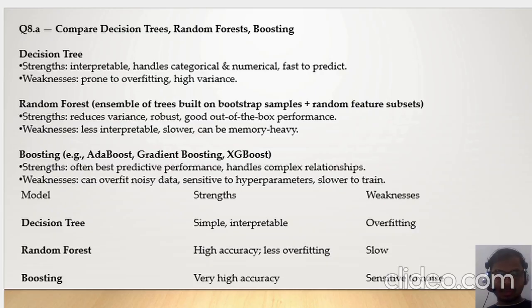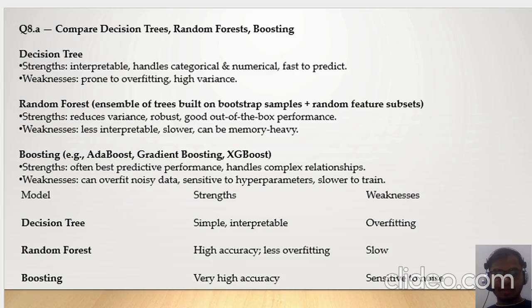Now question 8: decision tree, random forest, boosting, compare. Decision tree strengths: interpretable, handles categorical and numeric data, fast to predict. Weakness: prone to overfitting, high variance. Random forest strengths: reduces the variance and has good out-of-the-box performance.